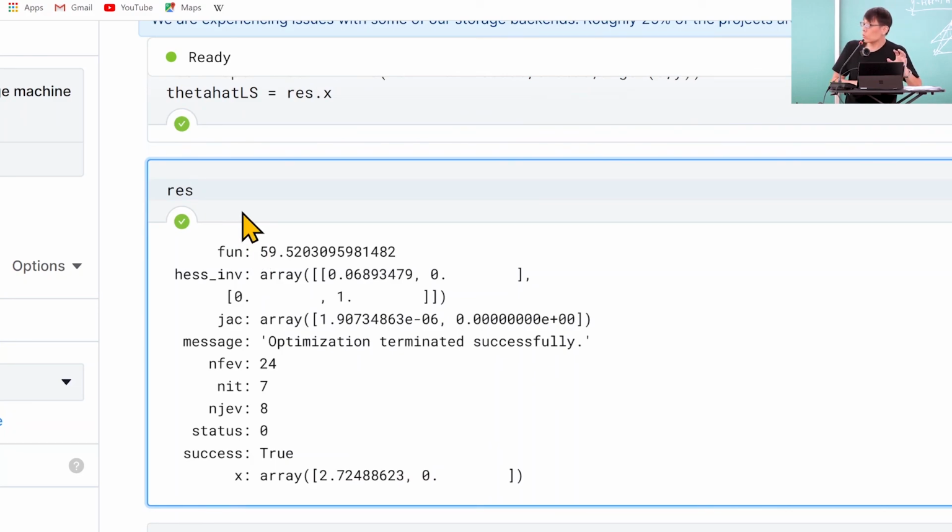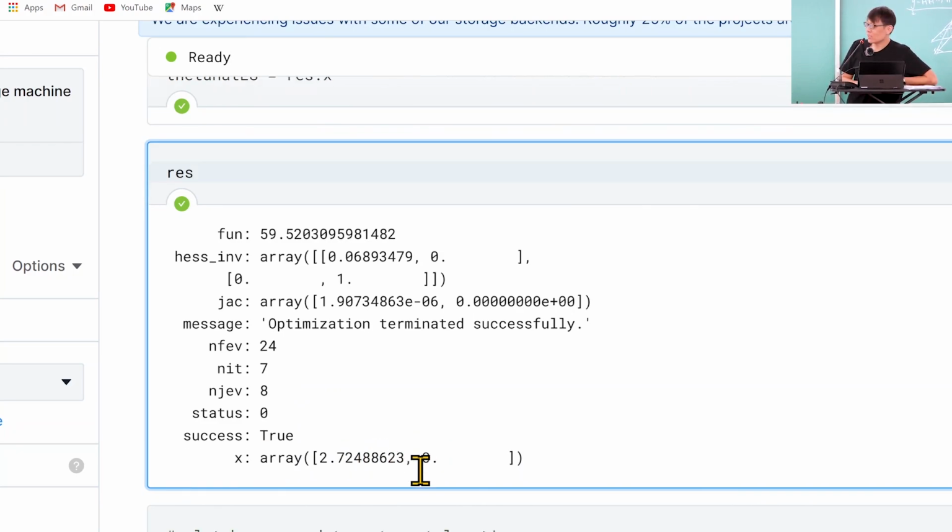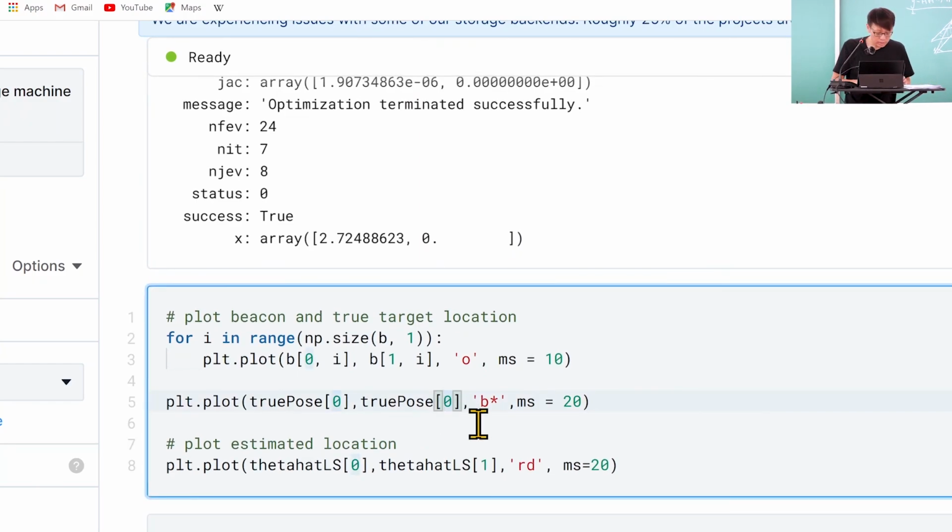So res is the result from the optimizer, okay? It tells you the optimal cost function value is 59, and the optimal solution, where is it? x is the optimal solution. It's not 4, 0, okay? It's far away, and you can test it.